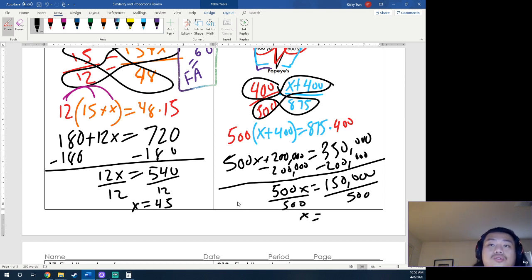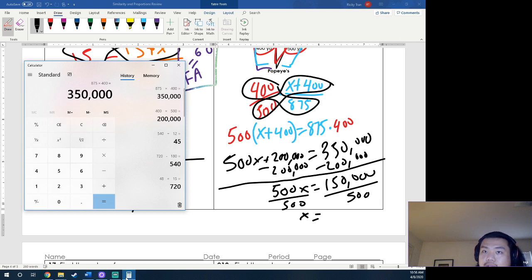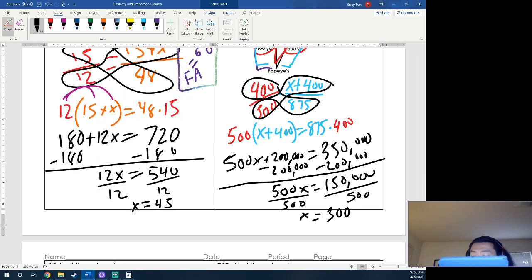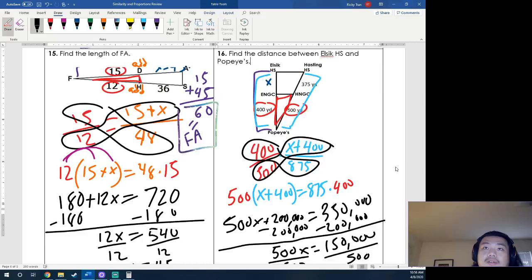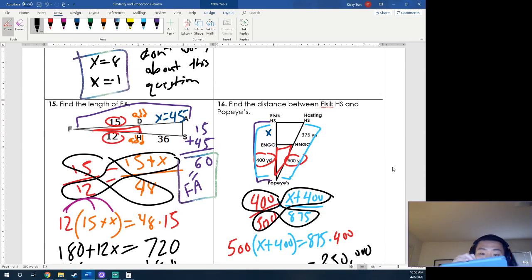X is equal to 300. 150,000 divided by 500, yes, 300. So if X is 300, it's going to be 300 plus 400, or 700 yards. So there's the answer.